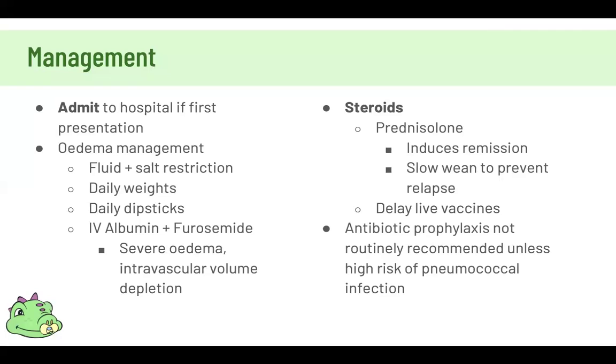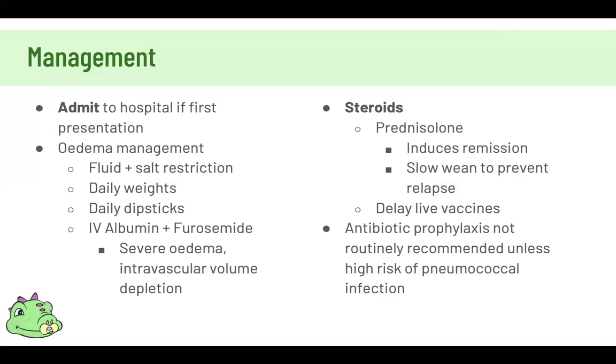Steroids are your main treatment. So Pred is normally the go-to steroid, and this will likely induce remission. And if it's slowly weaned, then it can help to prevent relapse. So yeah, anytime you use Pred, it has to be very slowly weaned off.